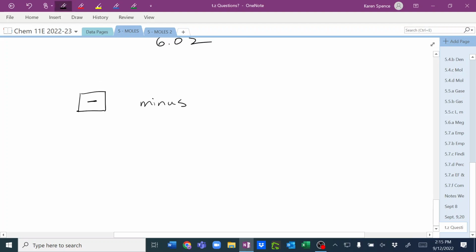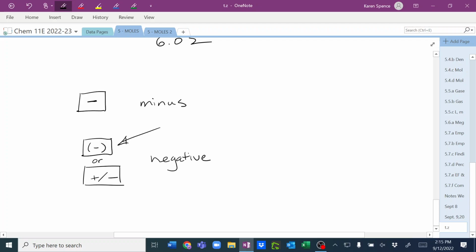There is also one that will either look like this, or it will look like this. And that means negative. So if you want to type times 10 to the negative something, use this one. If you want to subtract, use that one.